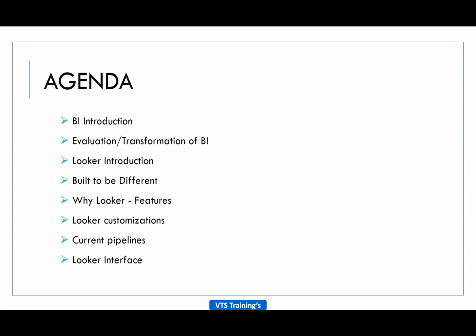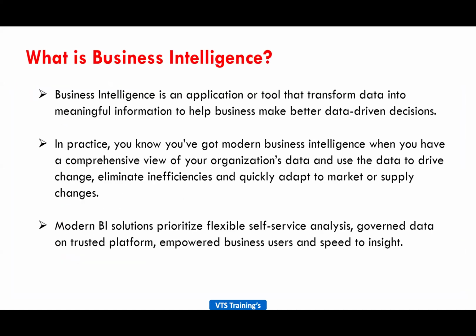Then why we should go for Looker, what the features of Looker are, Looker customizations, what is possible, what the current pipelines are, what the 2024 roadmap is, and what all is going to align with this product and Google's roadmap. Then the Looker interface.